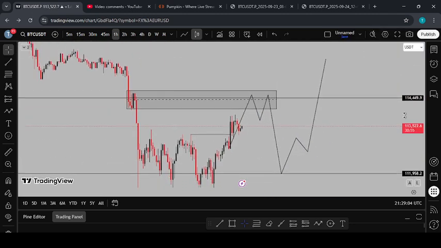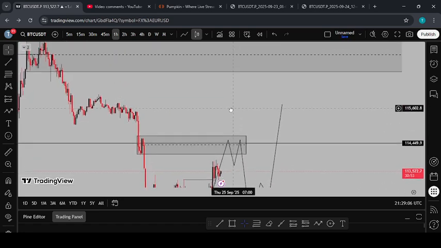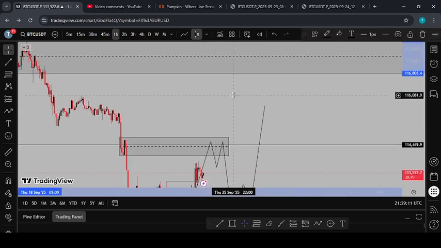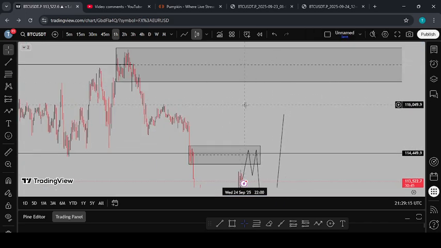But if market aggressively takes out this region, we know that okay, we are going to be looking at the 115k, 116k region where we have the supply zone, right?